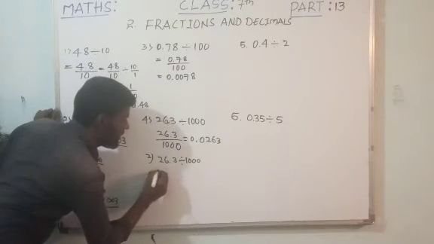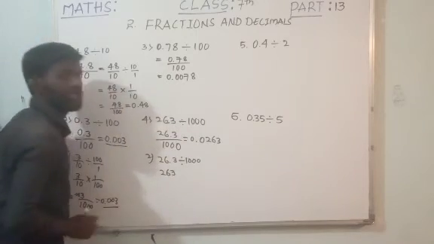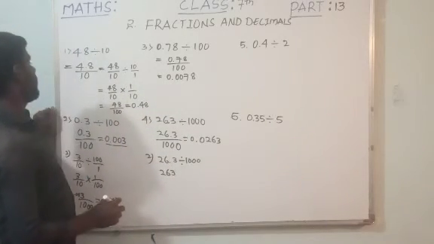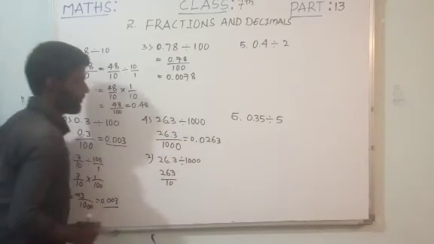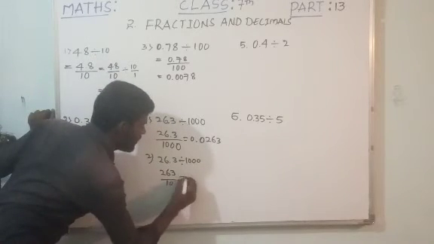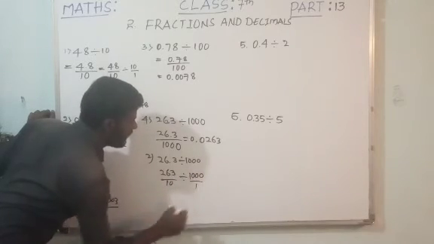Let us see, I can write 26.3 as 263 divided by 10, and divided by 1000 by 1.